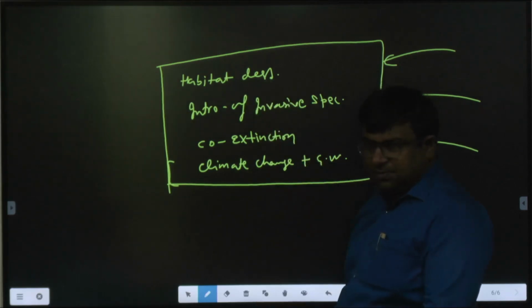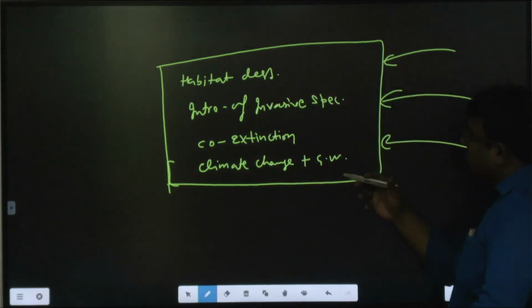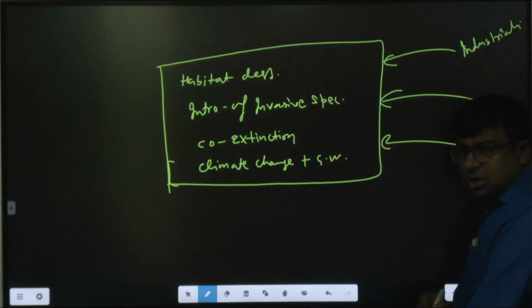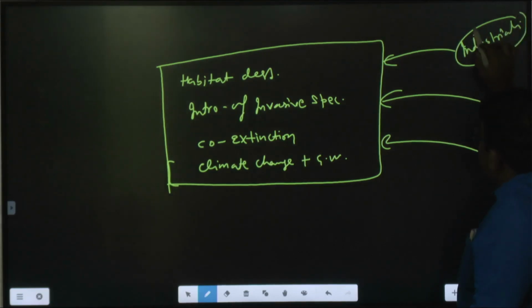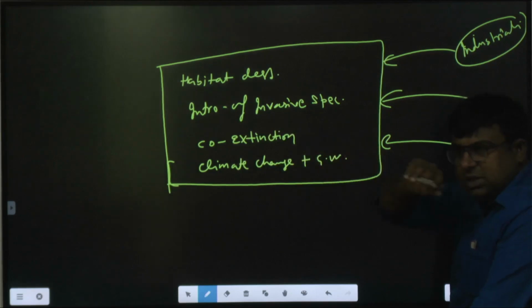Let's say habitat destruction. So the habitat destruction problem can be induced due to industrialization, right? Industrialization can also be considered as one specific factor responsible for loss.